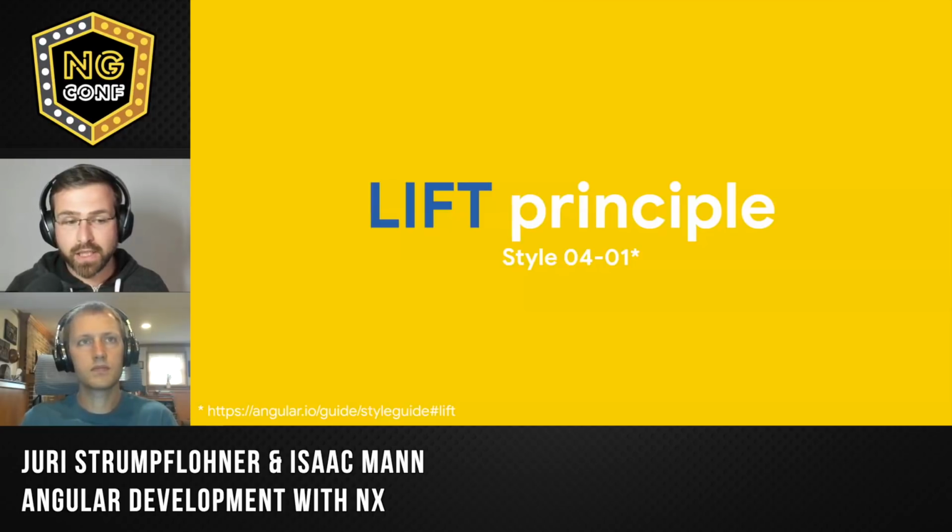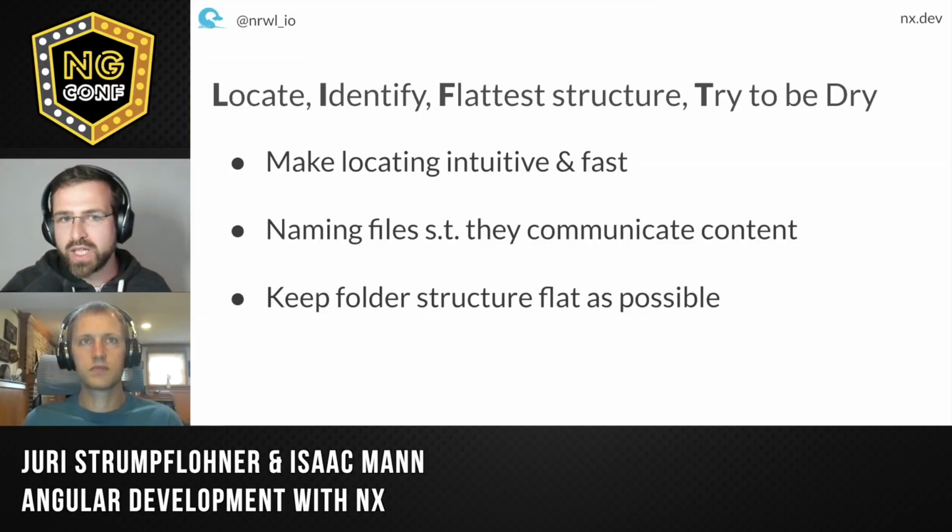In fact, if you go to the Angular style guide, there is a principle called the LIFT principle. And what it says is simply, if you see a component on the page and then you dive into the source code, you should be able to really quickly identify where that specific component or service or whatever you're looking for is located, right? So it should be easy to locate.